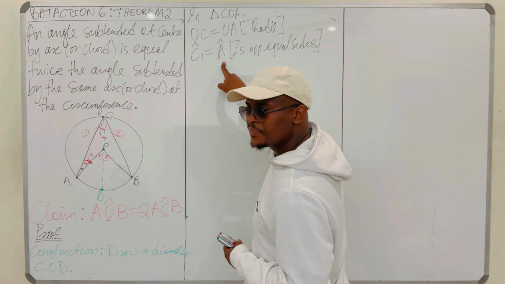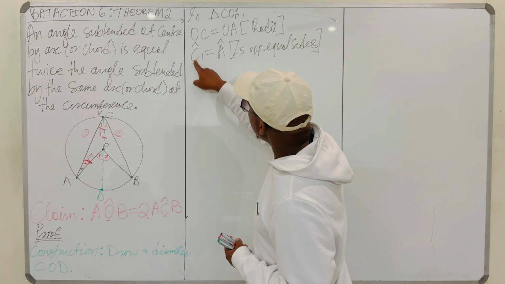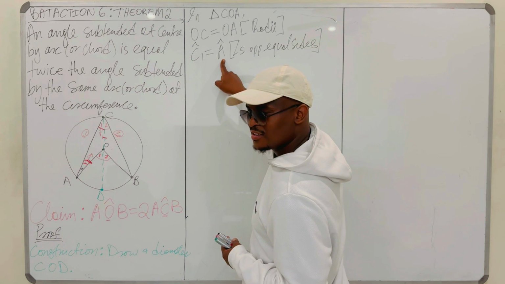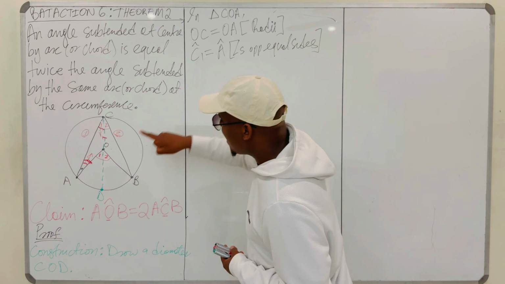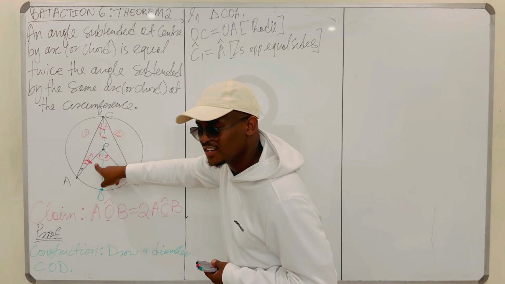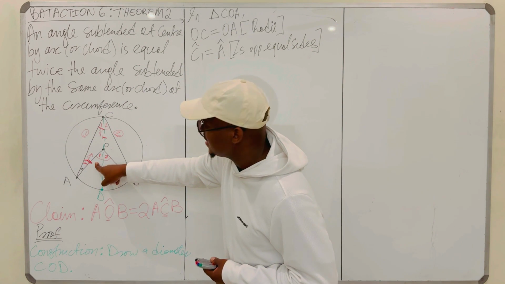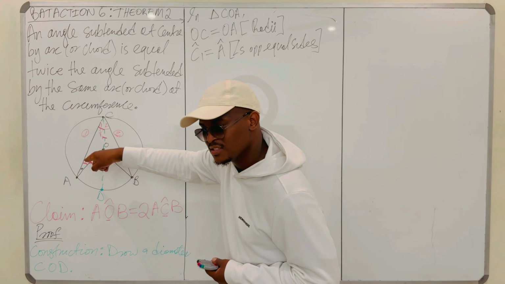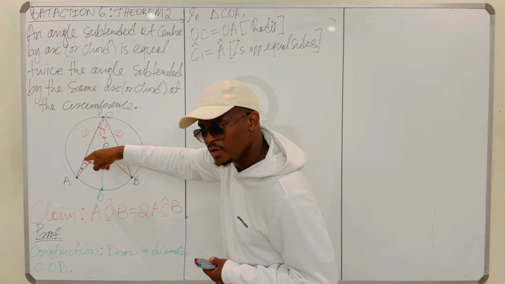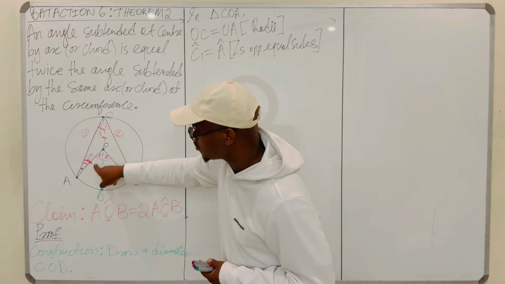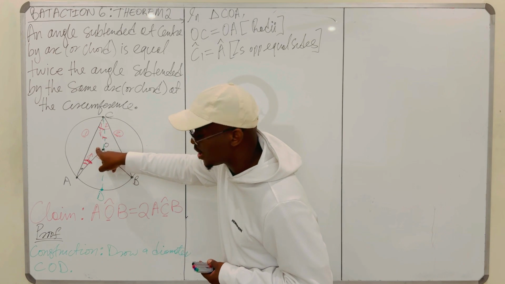Yes. Now, if I add these two angles, what do I get? I'll get the exterior angle, because an exterior angle of a triangle is the sum of the interior opposite angles. Do you agree, Sue? Yes. This is an exterior angle of this triangle. So the angle next to it is this one.